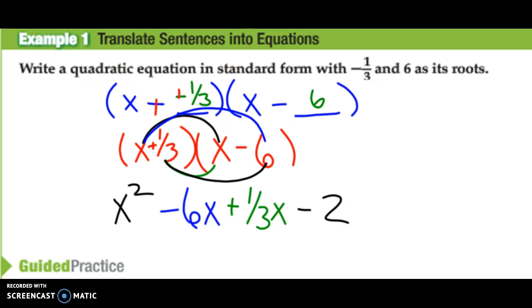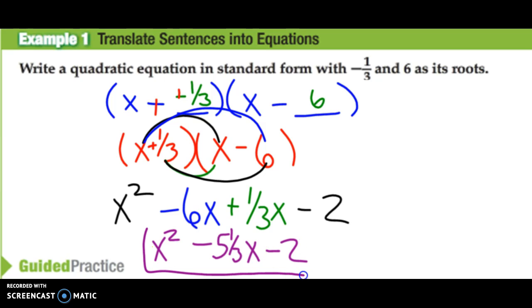So I combine all my like terms and I get x squared, negative 6x plus 1/3 x is going to be negative 5 2/3 x minus 2. And we could also write, instead of 5 2/3, 17/3.